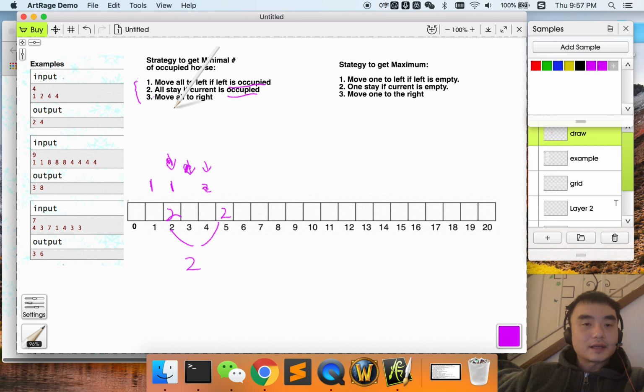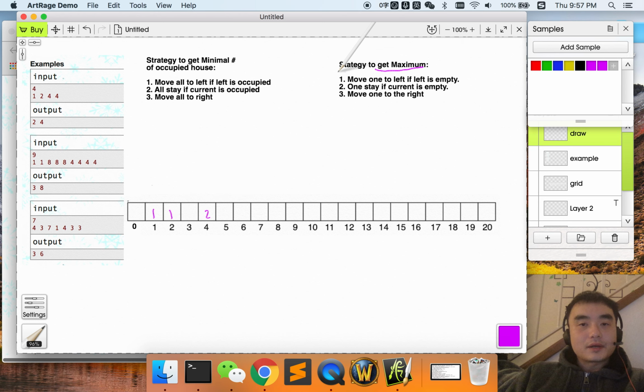If we cannot find an occupied house for those people, we move them to the rightmost place, right? So let's take a look at the strategy to get the maximum number of occupied houses.